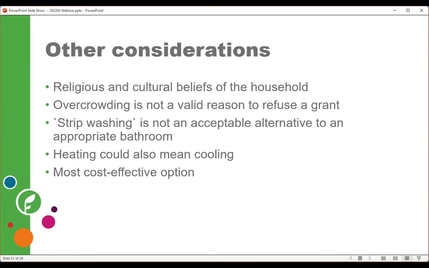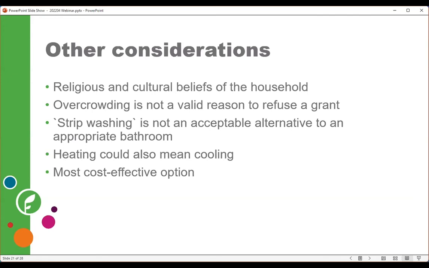But overcrowding in itself isn't a reason to refuse a grant. A long-standing part of the guidance is that strip washing is not an acceptable alternative to an appropriate bathroom. So if someone can only strip wash, then the purpose of providing a bath or a shower hasn't been met.